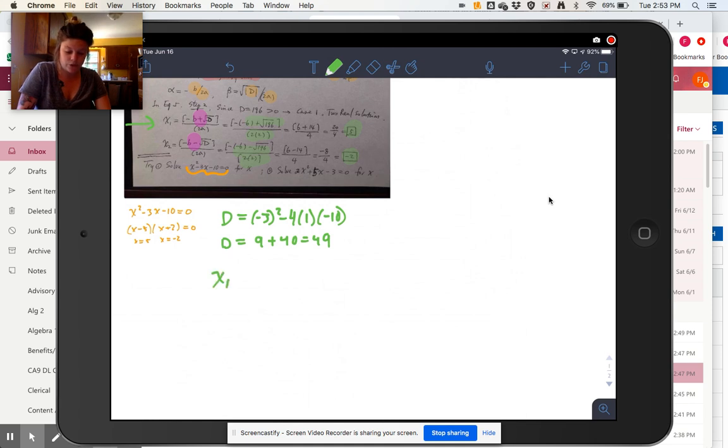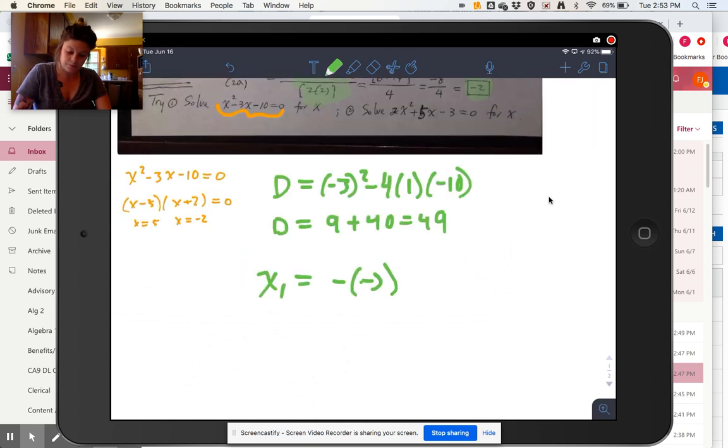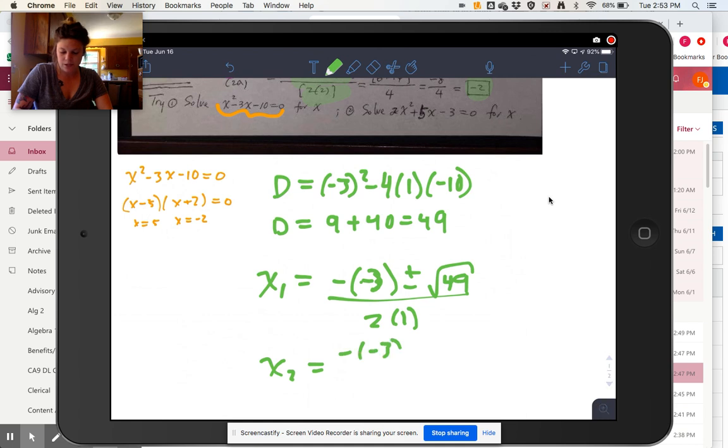So he's saying, okay, the first x is equal to negative b, which is 3, so -3, plus or minus the square root of the discriminant, which we put there. So we could do the square root of 49 all over 2 times a, which in this case is 1. And then the second x is -3 minus the square root of 49 all over 2 times 1.